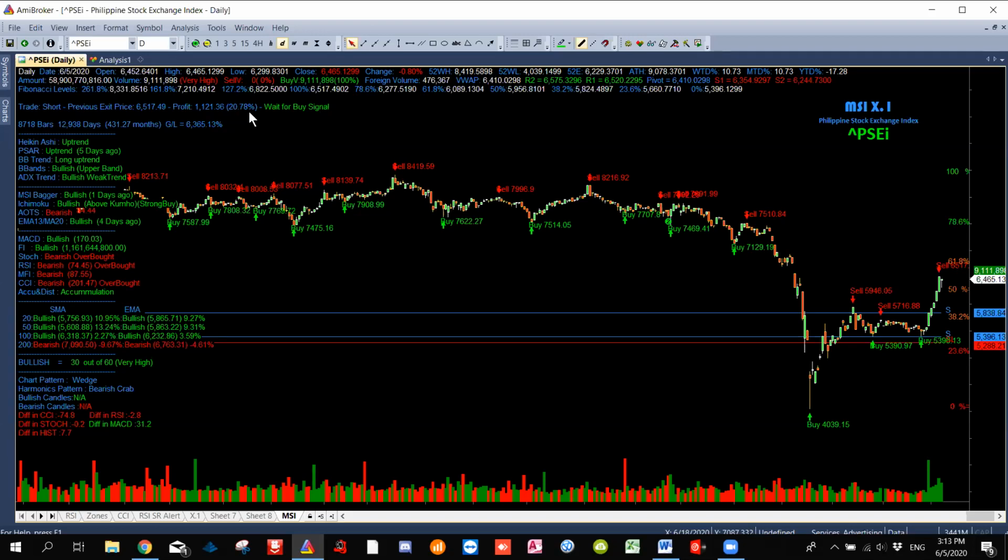Okay, so the next one that we have is the sell V and the buy V. This is actually the sell volume and the buy volume. So ano naman tong dalawang to? This one is just the percentage kung alin ba ang mas malakas during today's trade. Was it the sellers or the buyers?